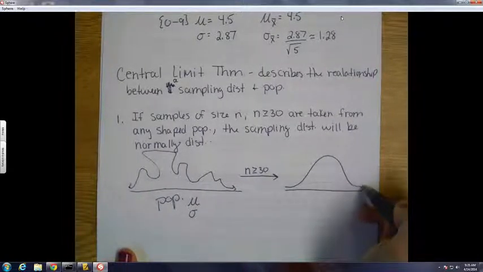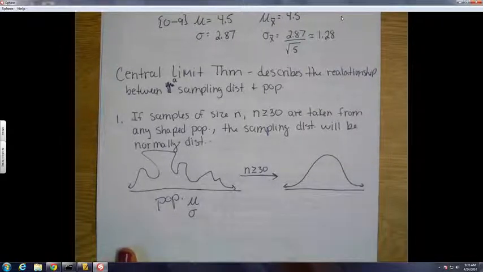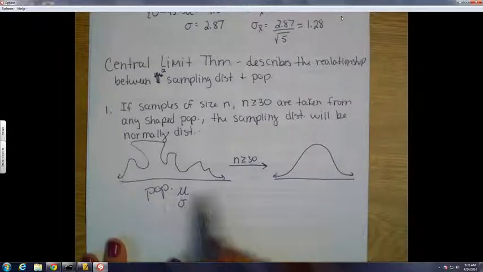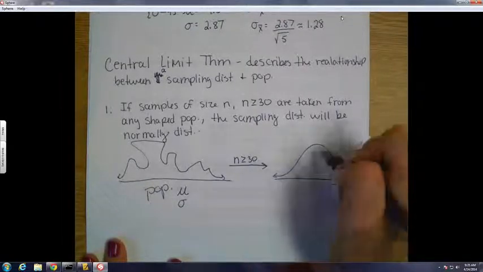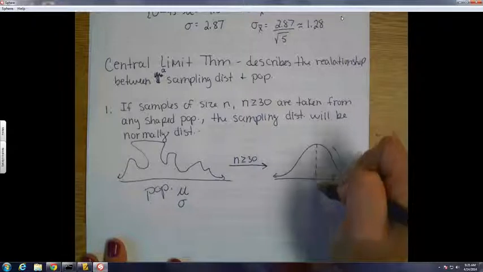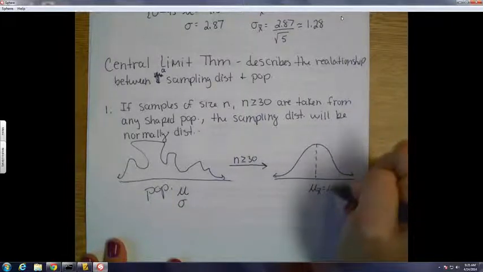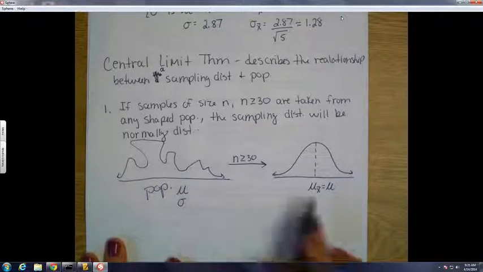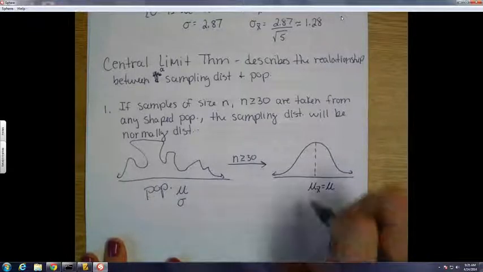And then I can do all kinds of statistics on it. And what do you think the relationship is between the mean here and the mean here? Exactly the same. So the mean here equals the population mean. So the two means are equal. What do you think the standard deviation here is?